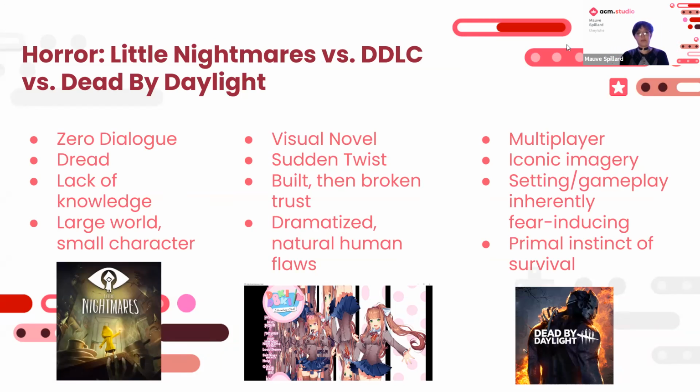In Little Nightmares, it's a growing feeling of dread, versus in DDLC, it's a sudden complete 180 where you're thrown into the fire, whereas in Dead by Daylight, it's using iconic imagery and things that are inherently fear-inducing because of the society that we're in.